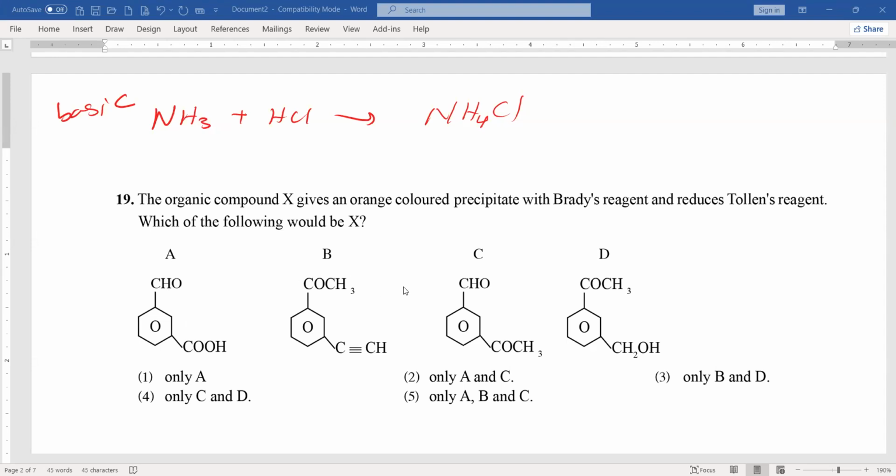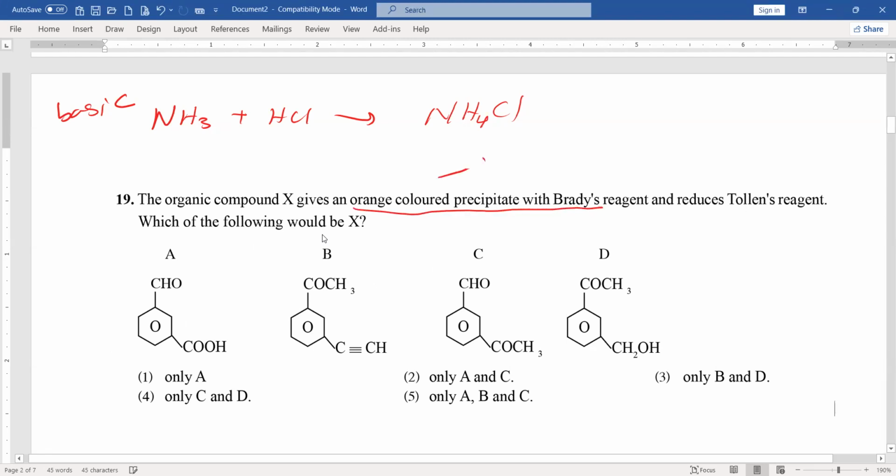The organic compound X gives an orange colored precipitate with Brady's reagent and reduces Tollens' reagent. Which of the following could it be? The organic compound gives an orange colored precipitate with Brady's reagent.